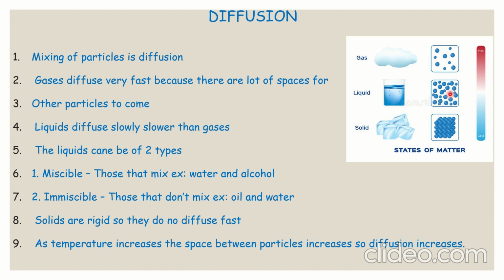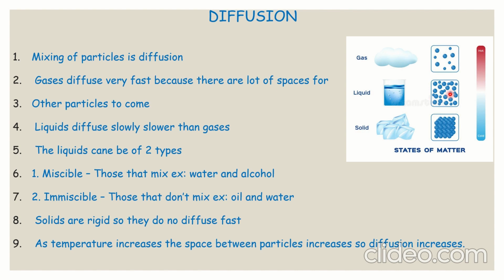But all liquids do not diffuse. Liquids can be classified into two types based on diffusion: miscible liquids and immiscible liquids. Miscible, mix. So you can relate it to that. Those are liquids which mix, for example water and alcohol.